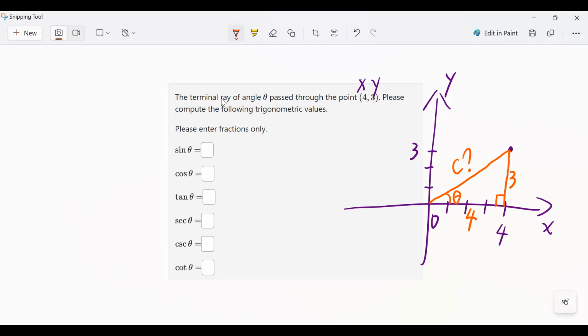And also, I'm going to show you one of the mnemonics. It's called All Students Take Calculus. You probably heard this from your high school teachers or other teachers: All Students Take Calculus.